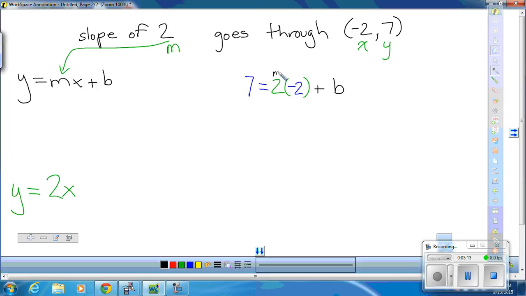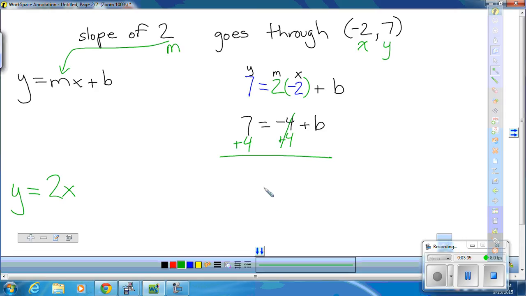So we plugged in the m, the x, and the y, and we can solve for the b. I'm going to end up with 7 is equal to -4 plus b. And so it's -4, so we've got to add the opposite. I'm going to add 4 to both sides.